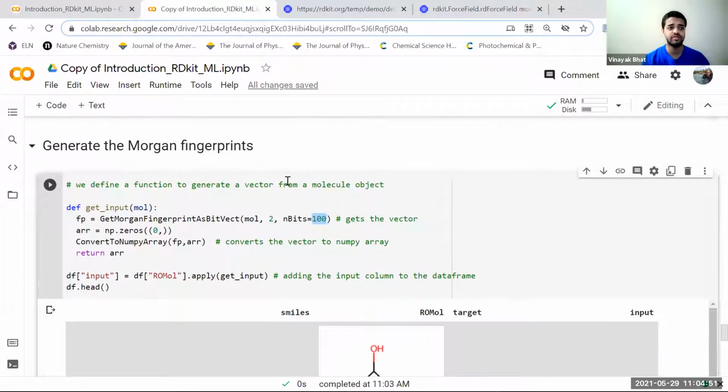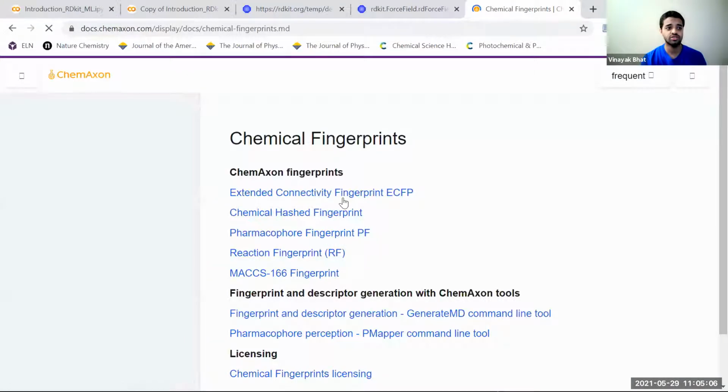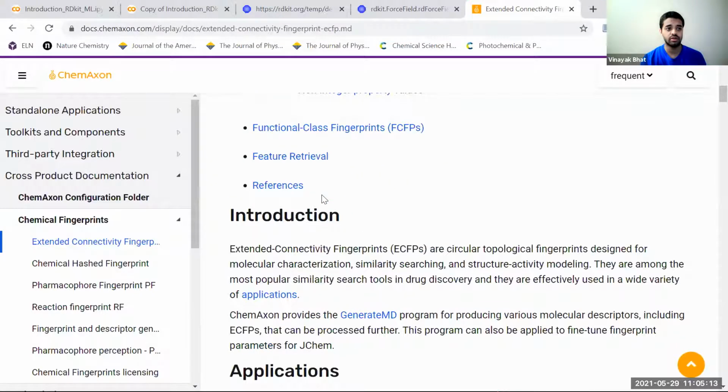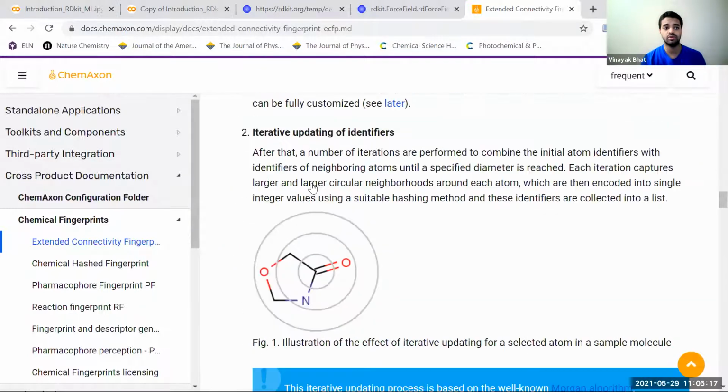There are multiple fingerprints that you can use, and Morgan fingerprint is one of them. If you look at this, there are many fingerprints that you can use, and we have used this fingerprint right now. And I think they should have an image somewhere. Yeah, there we go.